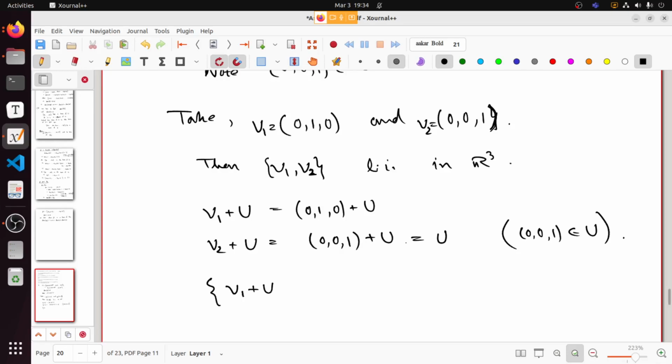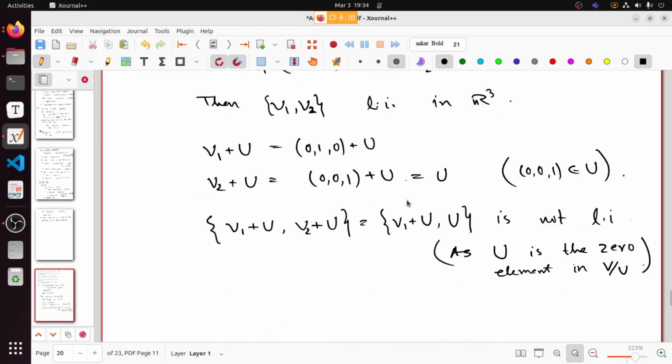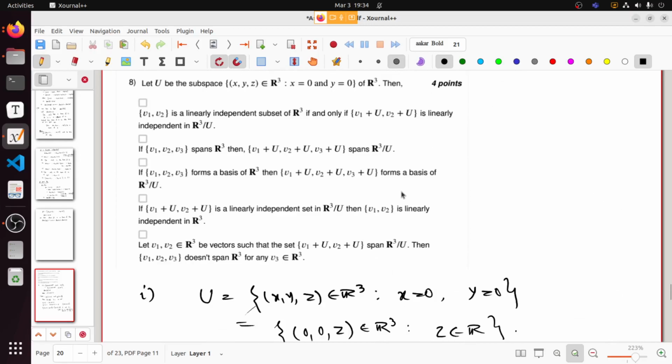So v1 plus U, comma, v2 plus U, which is the set v1 plus U, comma, U, is not linearly independent, as U is the zero element in V mod U. So the first option is false.